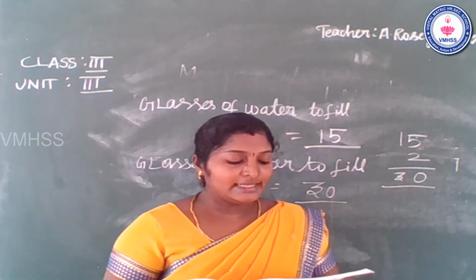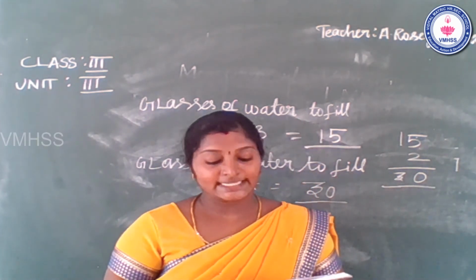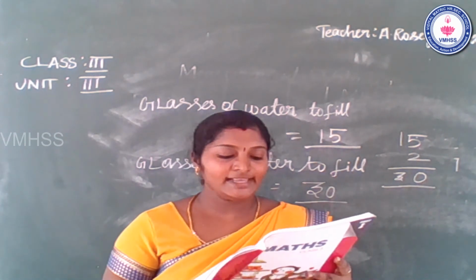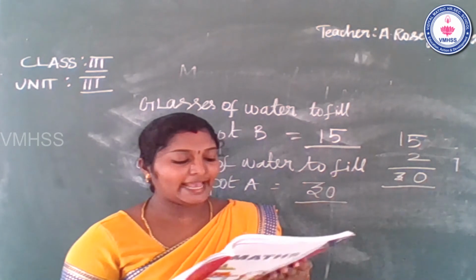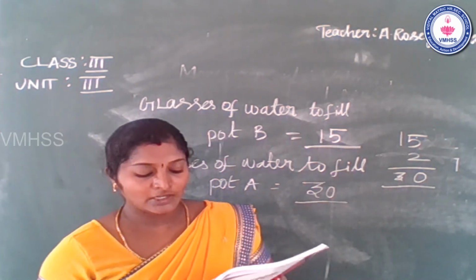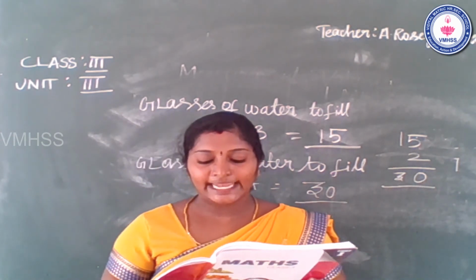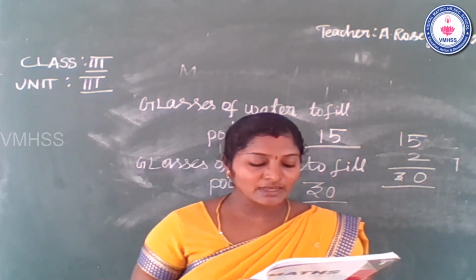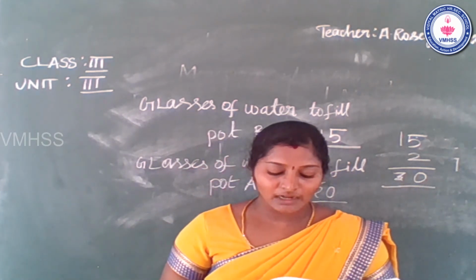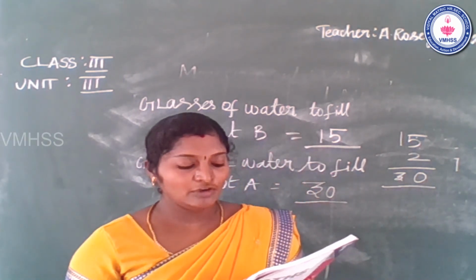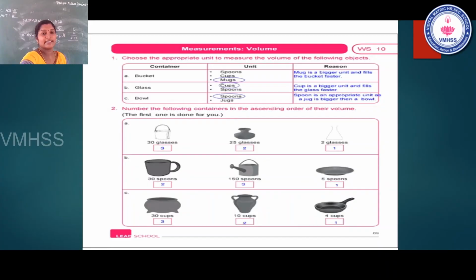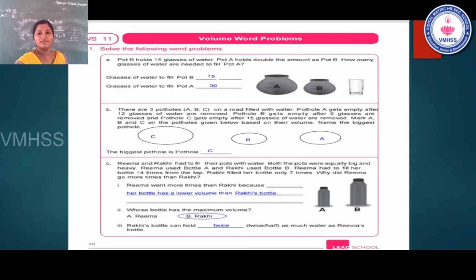Okay, next one. The second one is homework for you. Third one: Rima and Rocky filled their pots with water. Both their pots were equally big and heavy. Rima used bottle A and Rocky used bottle B. Rima had to fill her bottle 14 times. See the slide, students, please take a screenshot.